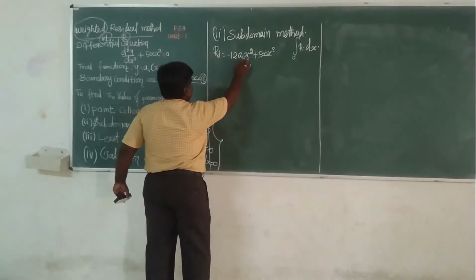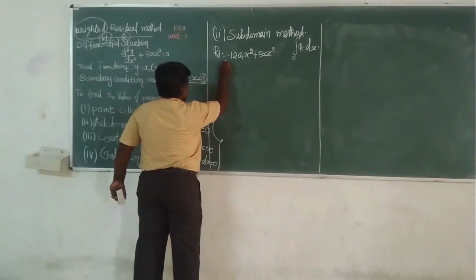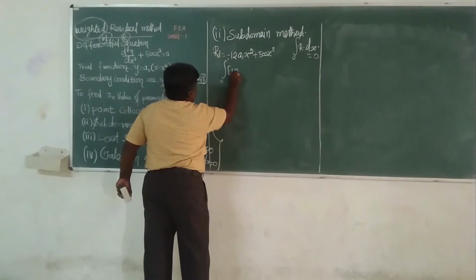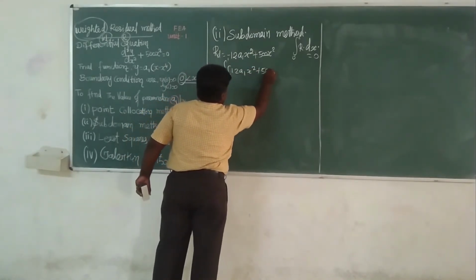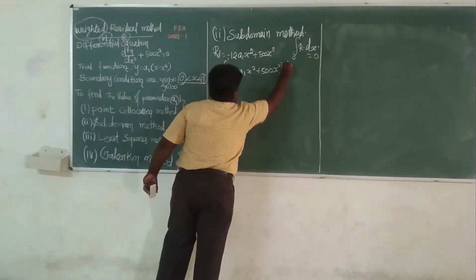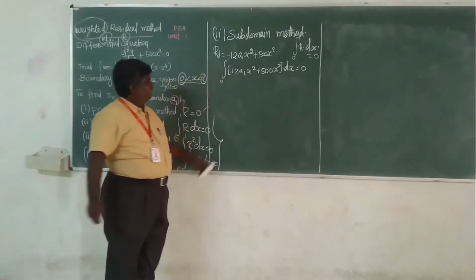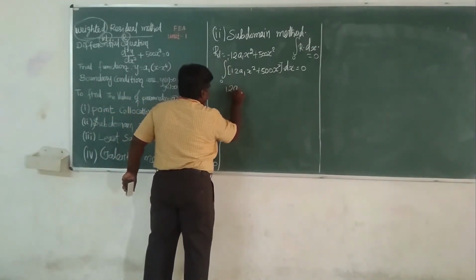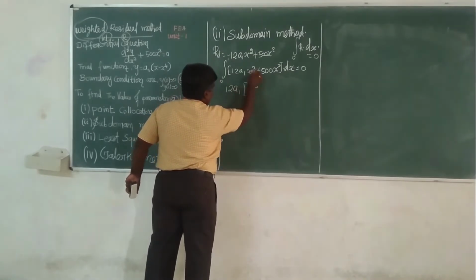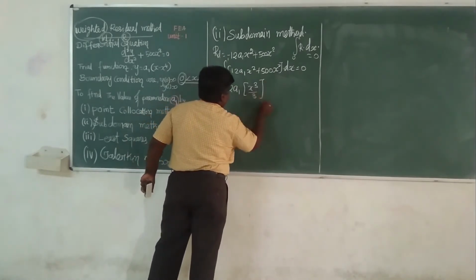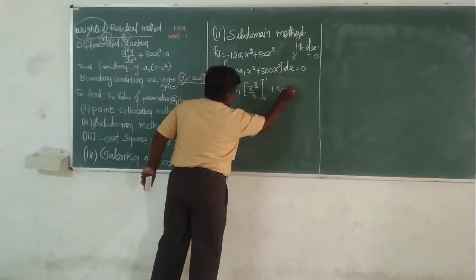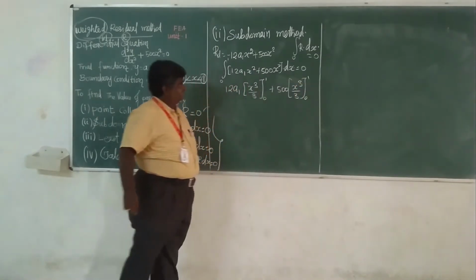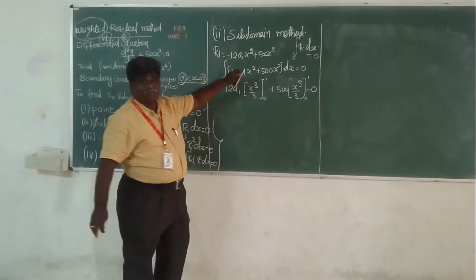The residual is -12 a1 x² + 500x². Substituting, the integral from 0 to 1 of (-12 a1 x² + 500x²) dx = 0. We integrate the terms individually, then substitute the limits 0 to 1: -12 a1 x³/3 + 500 x³/3, limits 0 to 1, equal to 0.